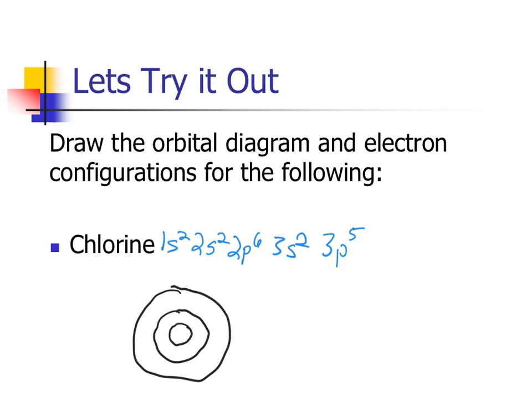And that even works with the transition metals, and we'll see something with that. I have 2 electrons in the 1s2. I have 8 electrons in this coming out of the second row. 2 of them to the 2s, and 6 of them come from the 2p. And now I have to put 7 on the outside here.